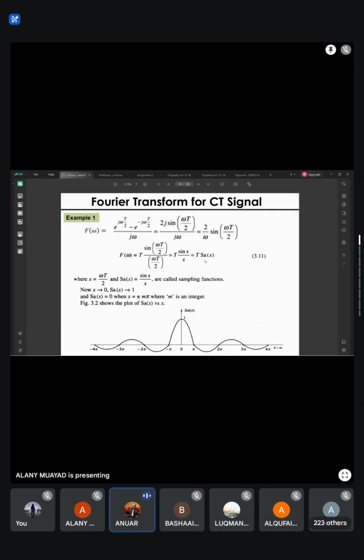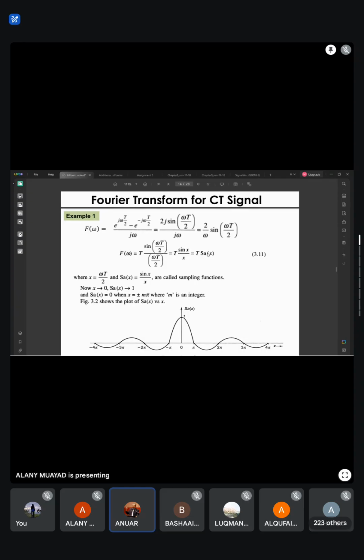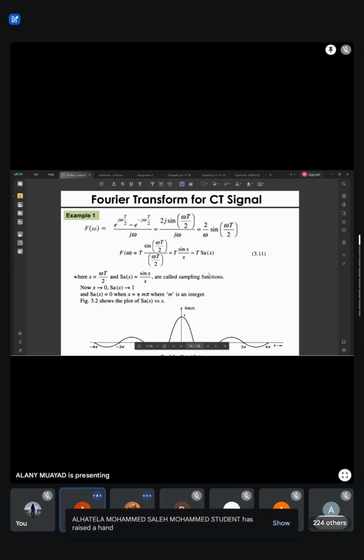This is an example of a rectangular signal. Maybe I will ask a different type of signal, so this is rectangular, but maybe I will give you a different signal. Understand? Yes, Doctor, yes.